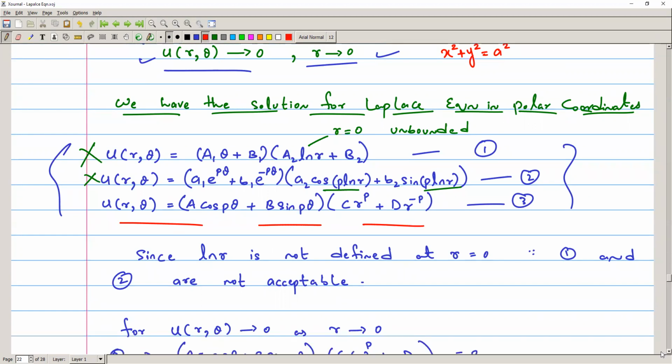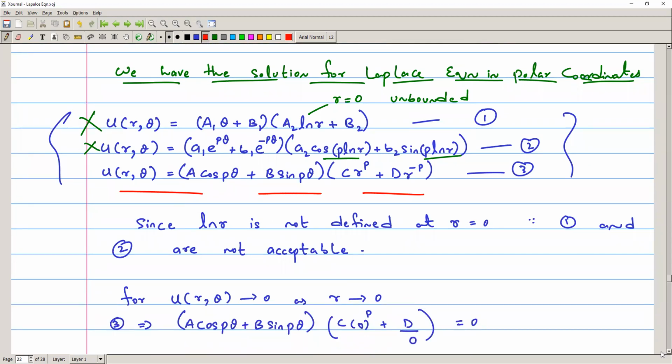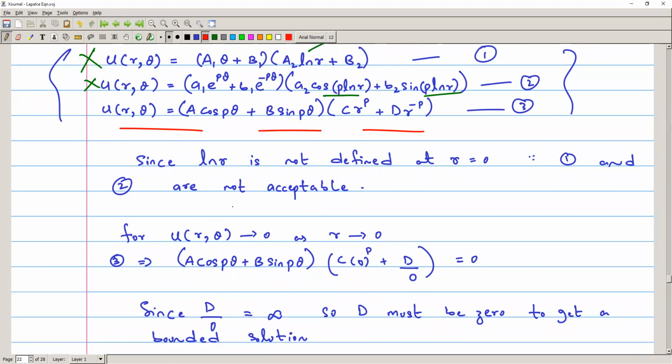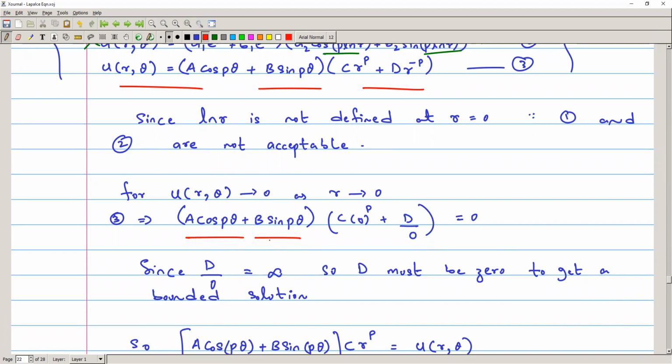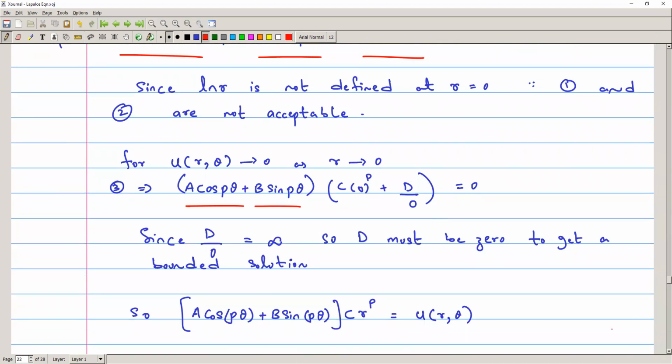So now let's apply the periodic conditions and the boundary conditions to this problem. Since ln r is not defined here, we have a cosine p theta plus b sine p theta times c r to the power p plus d over r to the power p, right? So now we know that this part cannot be equal to 0 to sustain the solution, otherwise this whole solution will be equal to 0.